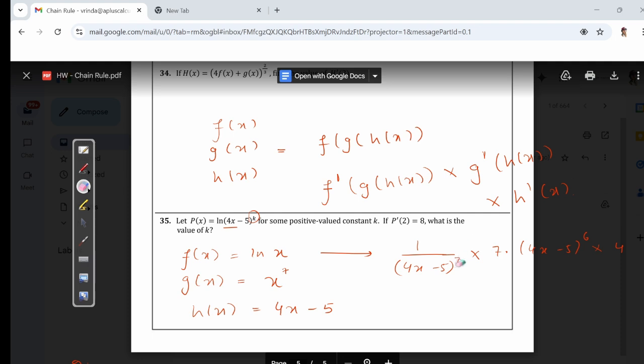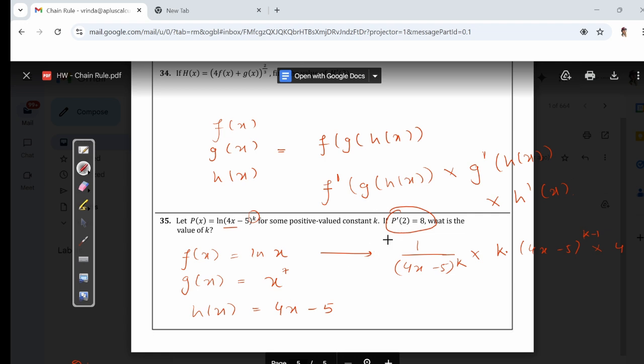So I'm removing 7 from here and I'm writing k. So this is k, this is also k, and this becomes k minus 1. Is this step clear, Anika? Yes.